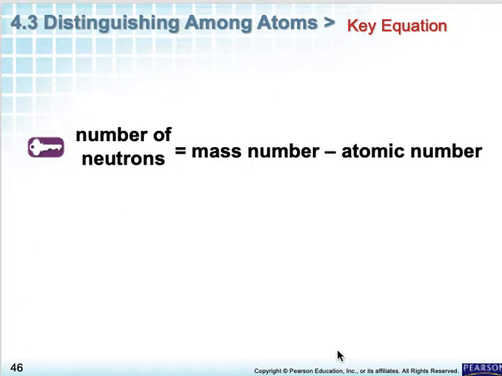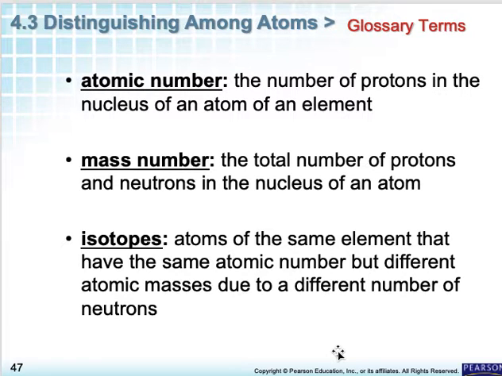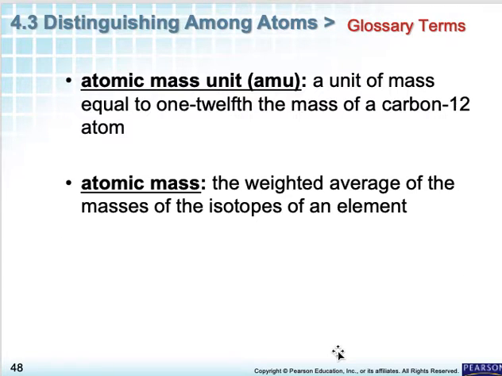The number of neutrons is equal to mass number minus atomic number. So your vocab: atomic number, mass number, isotopes. Atomic mass unit, which is the mass of 1/12 of the carbon-12 atom. And atomic mass is the weighted average of the masses of the element's isotopes.